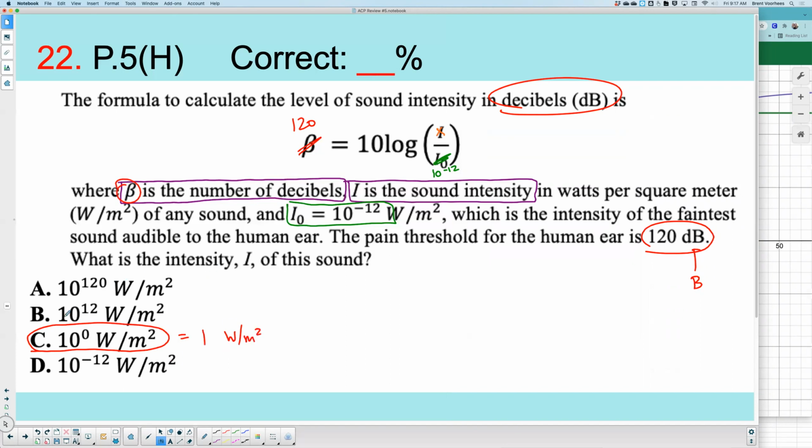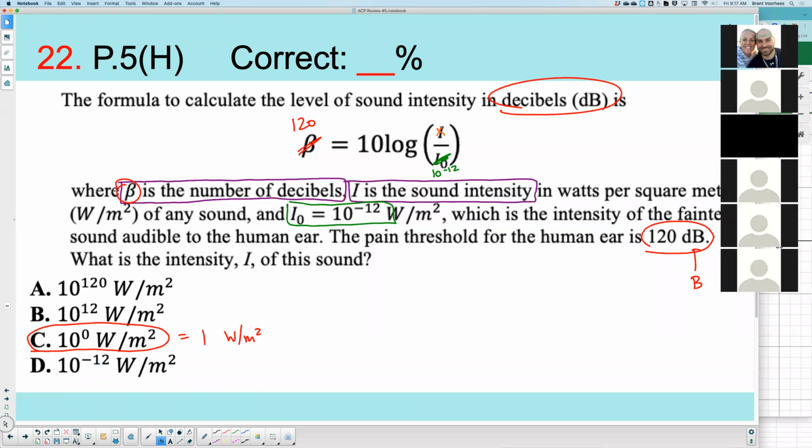Let me walk you through this. 10 to the power of 12. Do y'all know what that actually means? It would have 12 zeros. A million is 6 zeros, a billion would be 9 zeros, so that's 1 trillion.